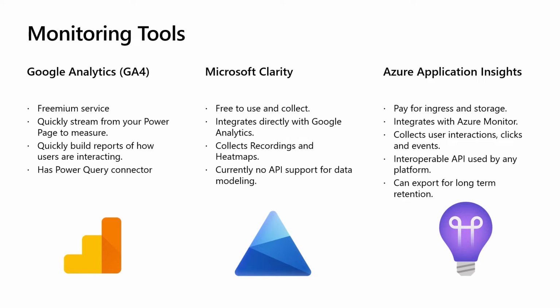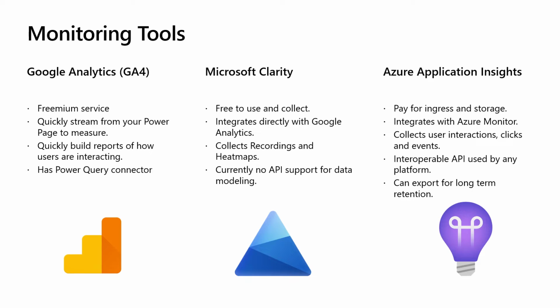From there, we have Microsoft Clarity, which is in the Microsoft stack, very similar to Google Analytics. It's free to use and collect. It integrates directly with Google Analytics. I think a very strong point for it is that it can work on its own, but also push into Google Analytics. It allows us to collect recordings of users' interactions, pages, clicks on Power Pages, for instance, as well as heat maps.